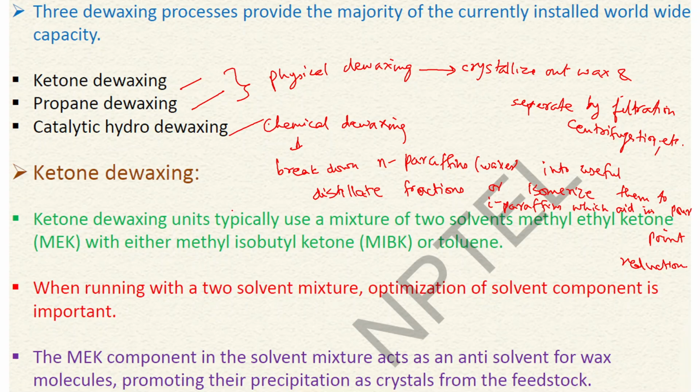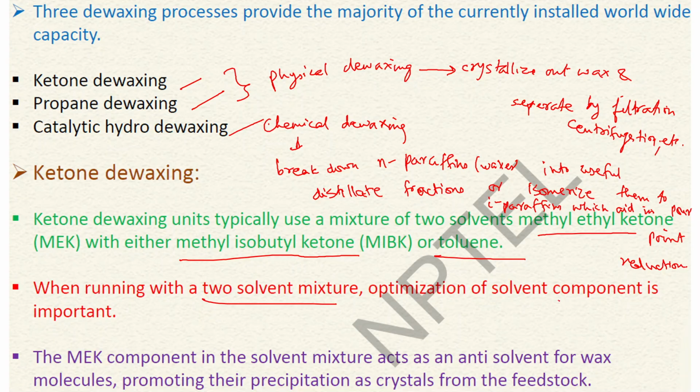So ketone dewaxing typically uses a mixture of two solvents: methyl ethyl ketone along with methyl isobutyl ketone or toluene. Why so? If we use two solvents, then optimization of the solvent components, which solvent to use and how much, needs to be done.